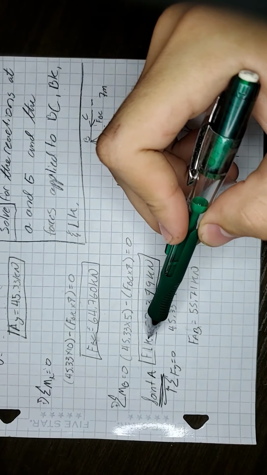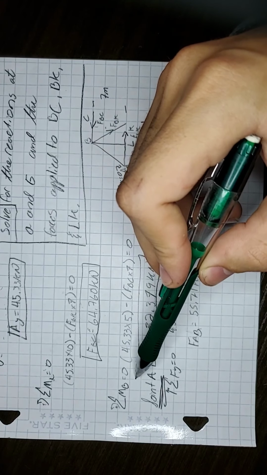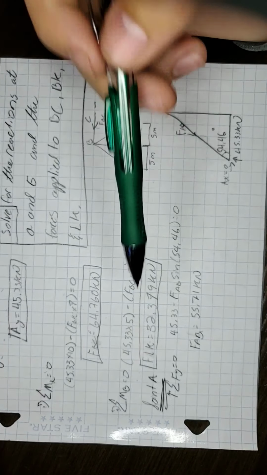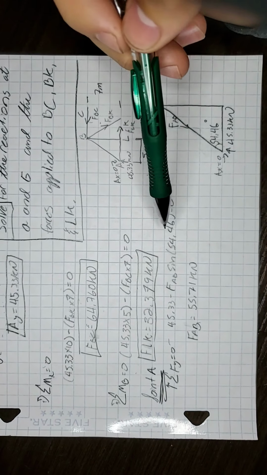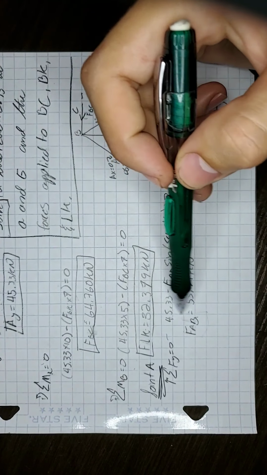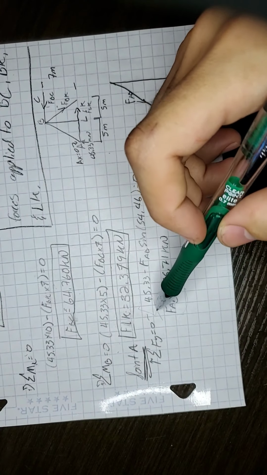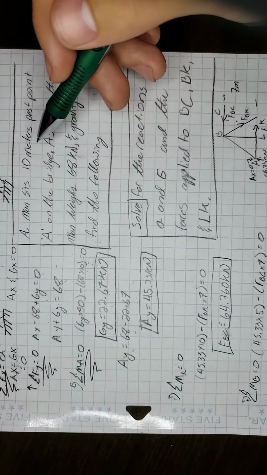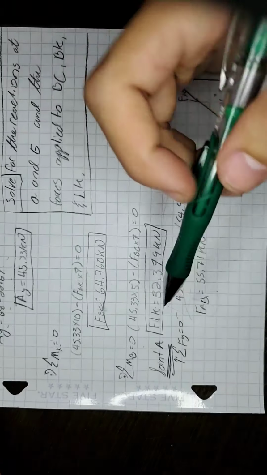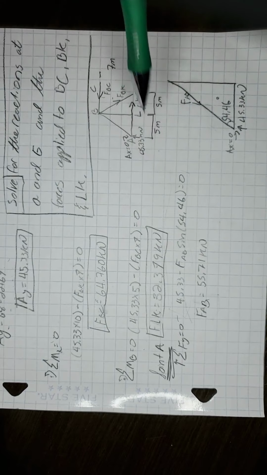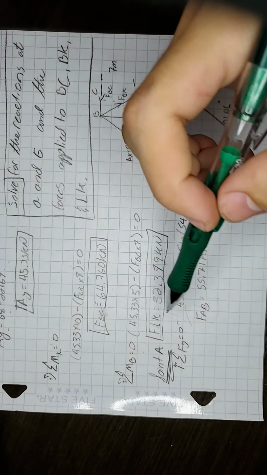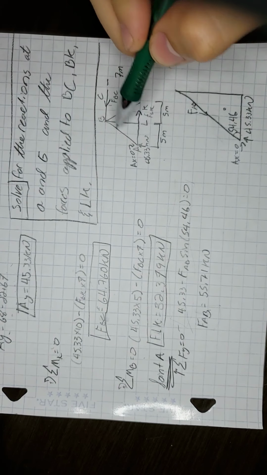Now we find our LK when we take a moment at B, and then we take our sum of the forces, and we find our force at AB by using the forces in the y direction. And then reaction forces, that's different. This is in the joints themselves to find our force at AB, which is this guy.